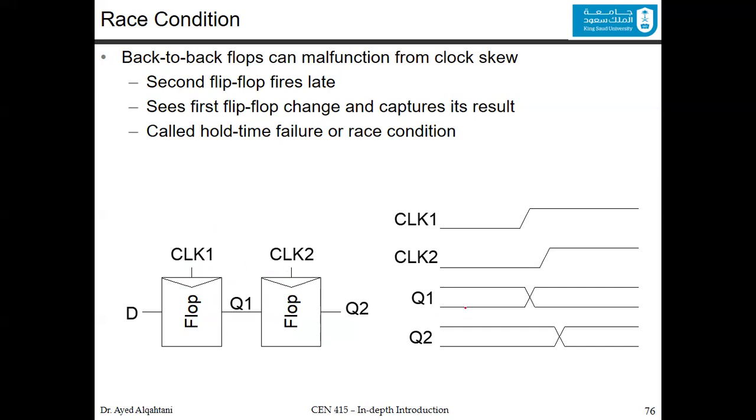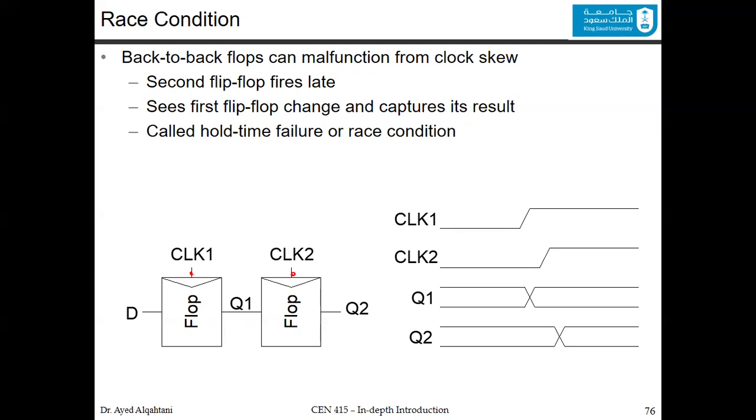So in this example, Q1 will show up before Q2. This race condition could cause trouble: if the second flip-flop fires late, it sees the first flip-flop's change and captures its result, which causes a timing failure, or race condition. This is always a problem. You would love to have the same clock arrive at each flip-flop at the exact same time.